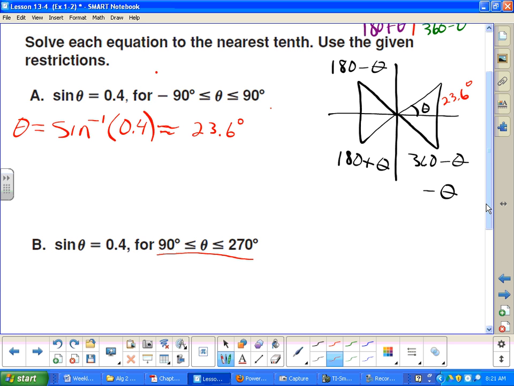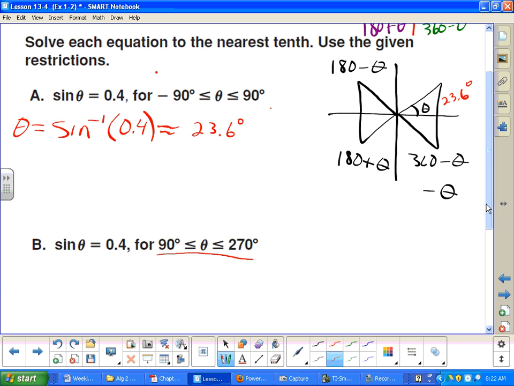And it says that sine is positive 0.4. Well, where is sine positive between 90 and 270? Is it in the second quadrant or the third quadrant? Well, sine is y, right?